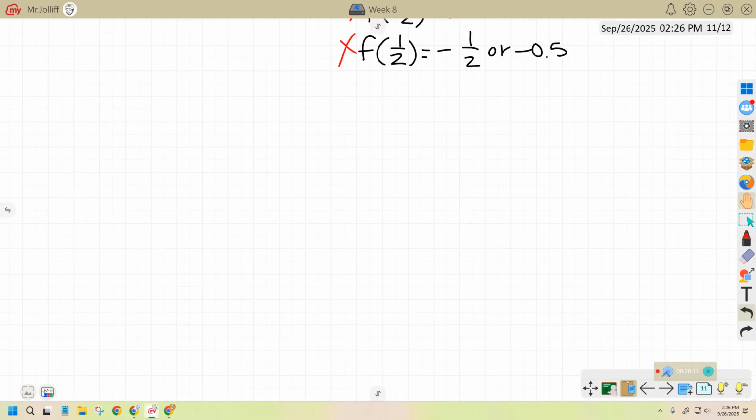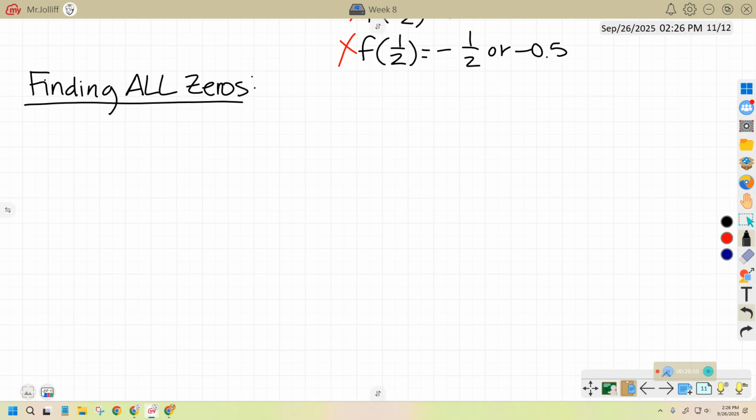So, the whole process. Finding all the zeros. How do we find all the zeros? So, the first step is to do what we just did.